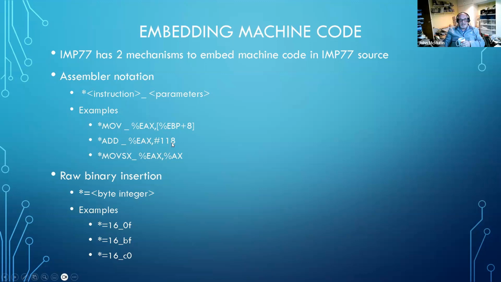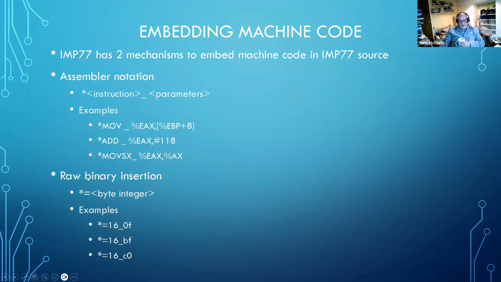Then add 118 into the EAX register for this one. For MOVSX, basically take the AX register and sign extend it into the EAX register. You could put it into a different register like the EDX, etc.